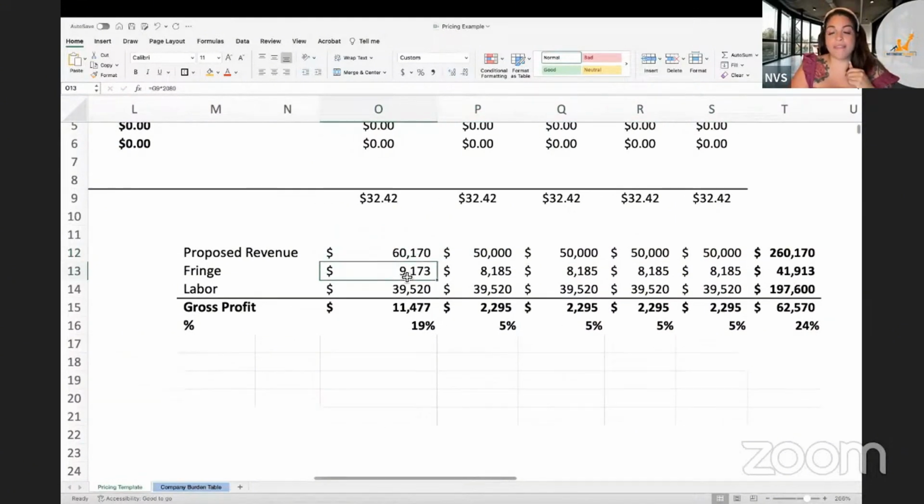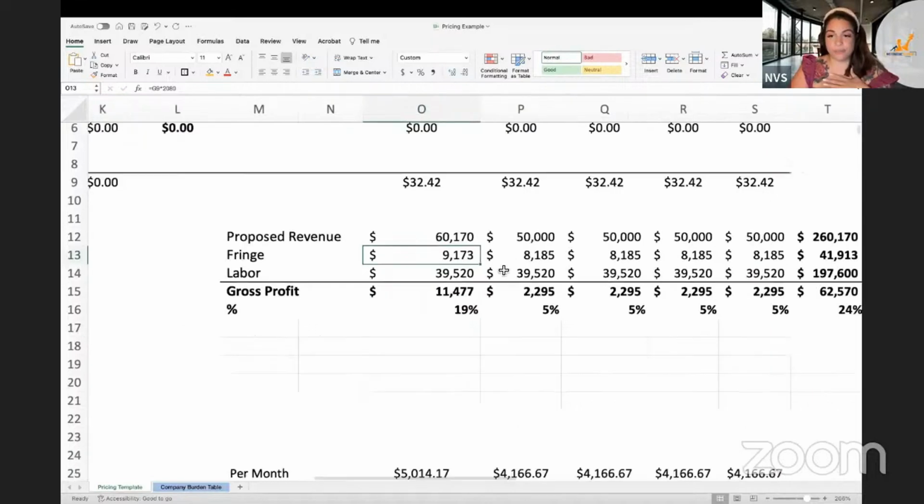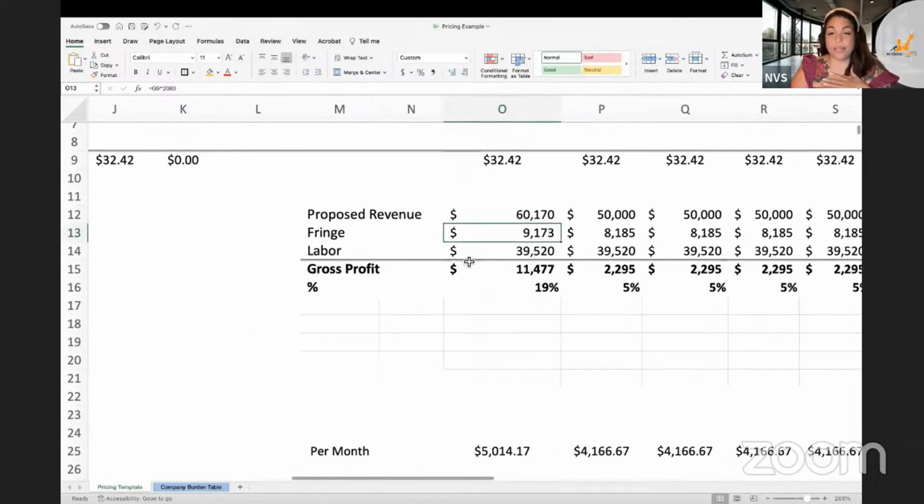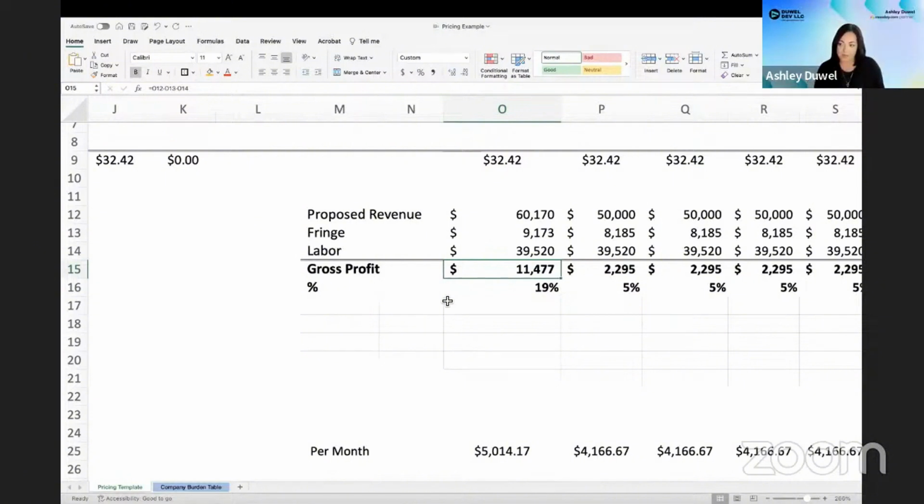And then I have fringe. That's the health insurance to keep that employee. Then I have labor because I have to pay that employee. And then whatever else, and these are the rest of the gross profit margins, but then I'm left with $11,477. And that looks good on year one compared to the rest of the years, right?